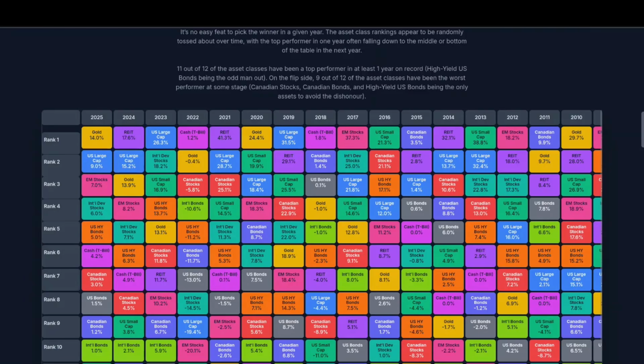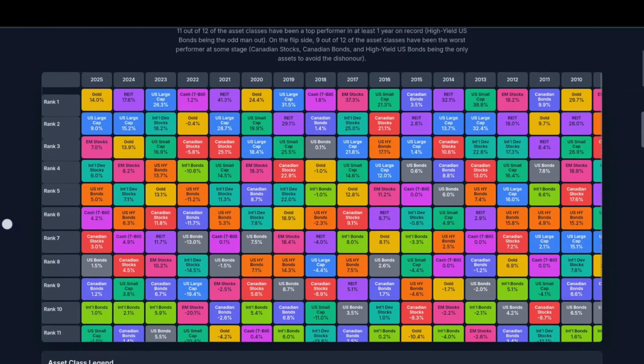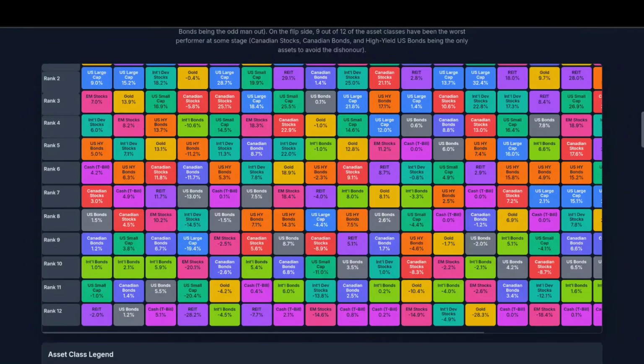Followed by US large cap, emerging stocks, international developed stocks, US high yield bonds, cash T-bills, then Canadian stocks, US bonds, Canadian bonds, international bonds, US small cap, and then REITs, which are actually negative.